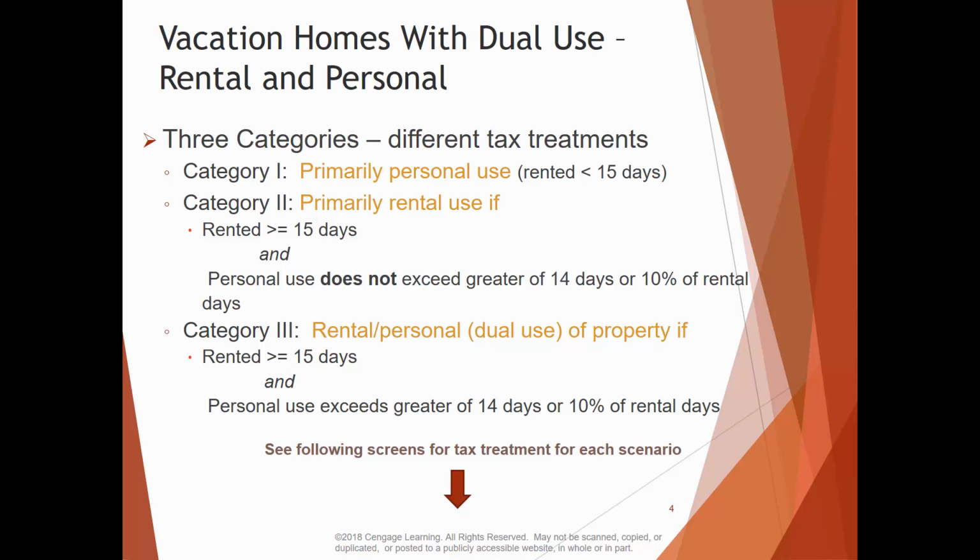So say that I have a place at Flathead, and I personally used it for 60 days, and I rented it for 150 days. Obviously it's not primarily personal use because I rented it more than 15 days. So I'm trying to decide between category 2 and 3, and this is the piece you really got to dial into because it depends upon how much of your expenses you can deduct.